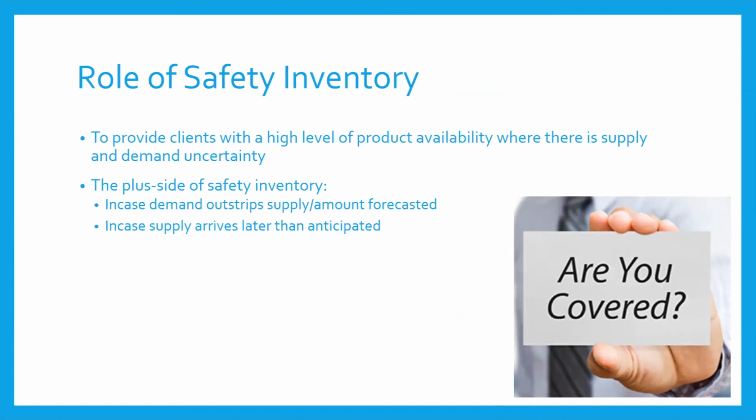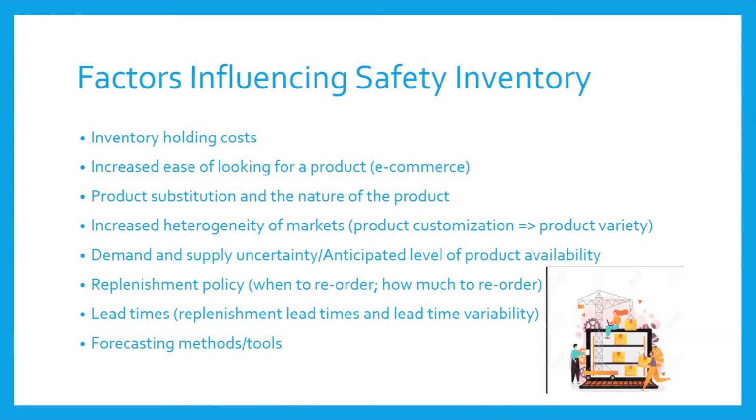In case your supply arrives later than you expected, you're good to go because you already have your safety inventory. So basically, what we're saying here is to continue providing that high level of product availability in cases of supply and demand uncertainty. That's where you need the safety inventory or the buffer stock.